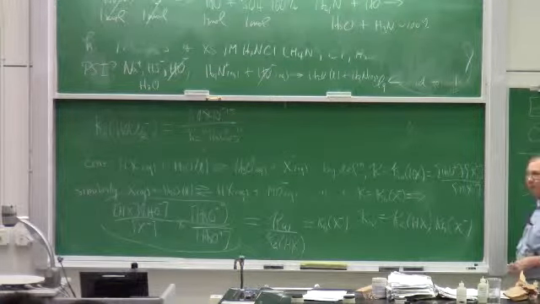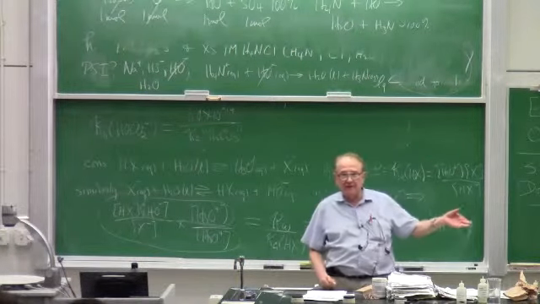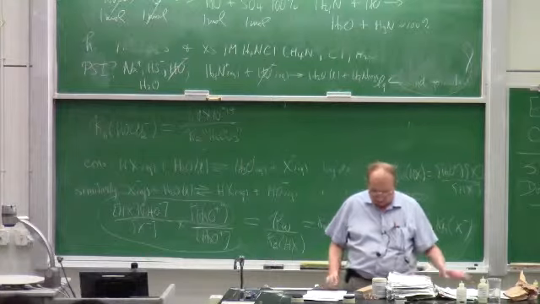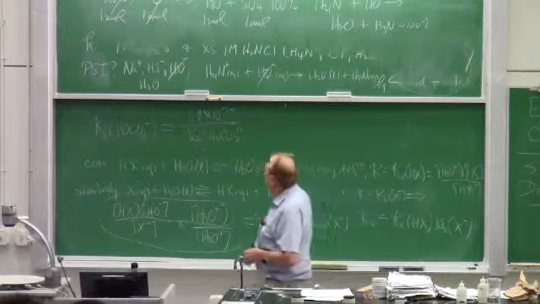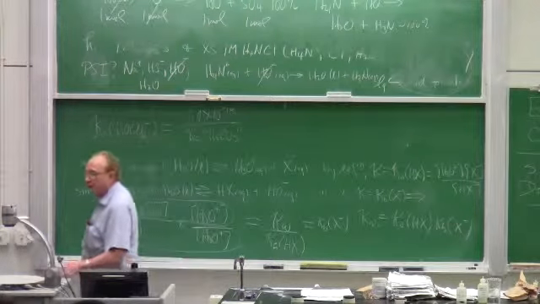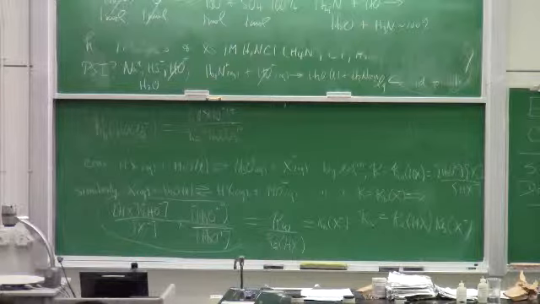If my memory's right, it's now written in this table as 4.5 times 10 to the minus 7. Is that what we're seeing? How about that? So to do the arithmetic, I've got to take 1.0 times 10 to the minus 14 divided by 4.5 times 10 to the minus 7.